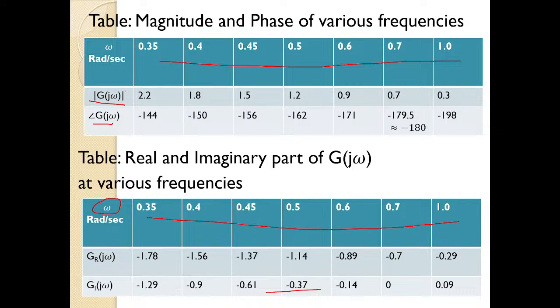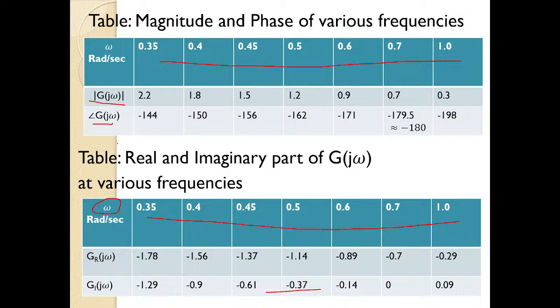Now you have a magnitude and phase angle, which means you have a polar form. In your calculator there will be an option to convert polar form to rectangular, and rectangular to polar.